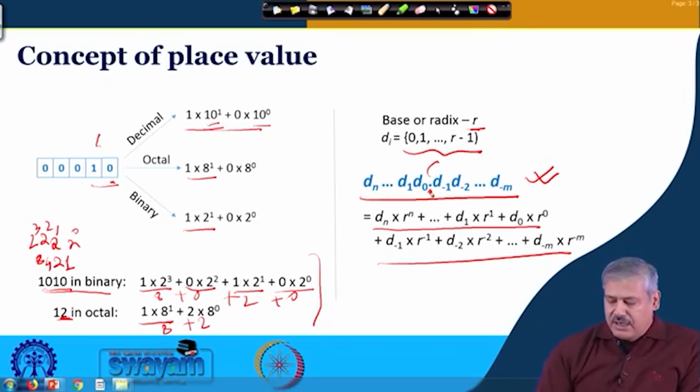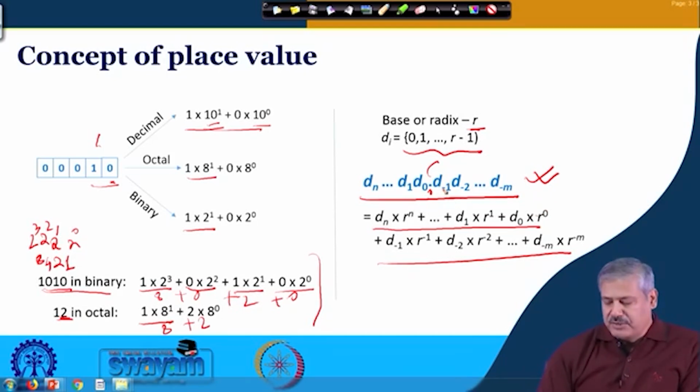So, there are n plus 1 digits to the left of the point, and that is the integer part, the decimal point or binary point or octal point, and then m digits towards the right. In that case, the value is dn into r to the power n, r is the base, plus dn minus 1 into r to the power n minus 1, that we will continue, up to d0 into r to the power 0, plus when it goes to the fractional side, what happens?